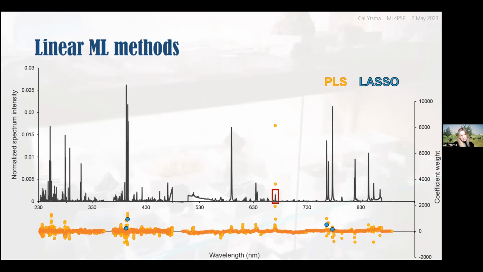Another common option is lasso, which, the other type of linear models you want to think about are sparse or not sparse. So lasso is a sparse model, which means it ignores the regions of the data it finds noisy or unimportant. And it's not as common to want sparseness in spectroscopy because you lose the big picture understanding of the relationships you get, like with PLS.